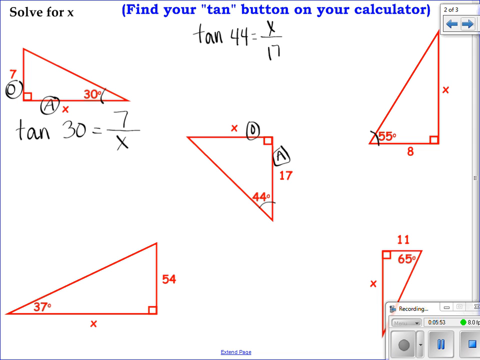Here's our angle on this one. We have tan 55. And then we want to put the opposite side. Remember, if you draw an arrow straight out, it points at the opposite side and the adjacent. We'll go to the lower left over here. Got our angle.